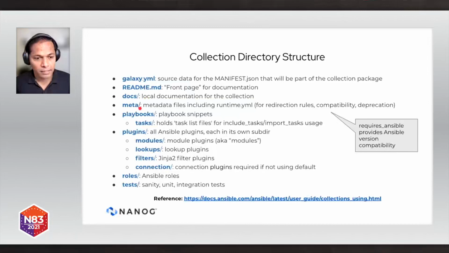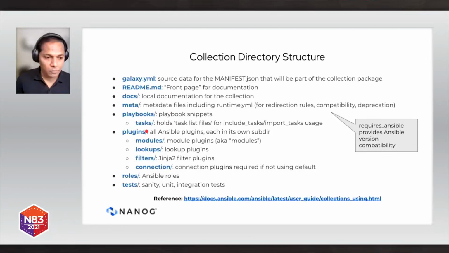The meta folder again contains some metadata. It contains the main file, a runtime YAML file, which tells what are the plugins that are deprecated or the minimum Ansible core version that is required. Then playbook folder consists of tasks and files that user write, and these playbooks can import the plugins that are part of this collection. Then plugins is where all the heavy lifting is happening.